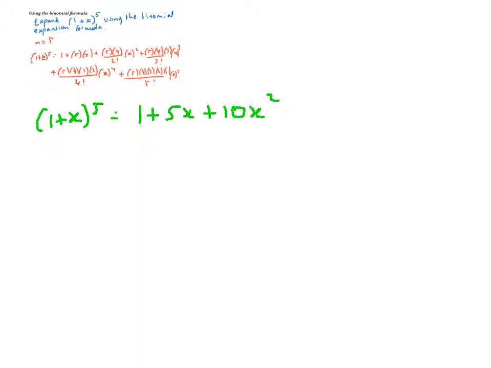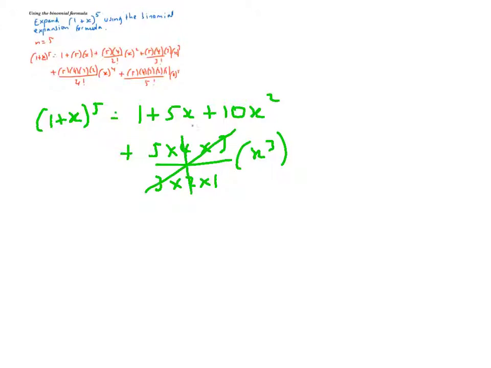And then you have 3 factorial divided by this, so 3 times 2 times 1, x cubed, right? So the 3 will cancel, this will cancel with a 2, so I would get 10. Well, I'll just simplify that finally in a minute.